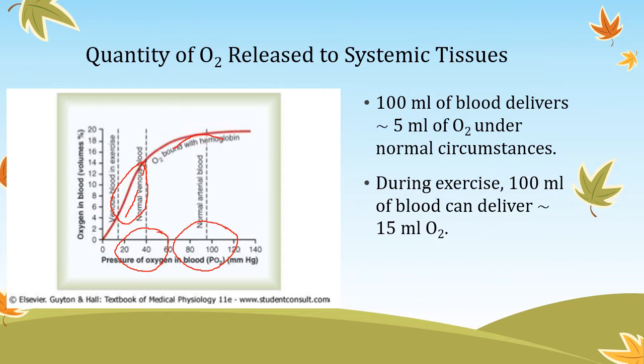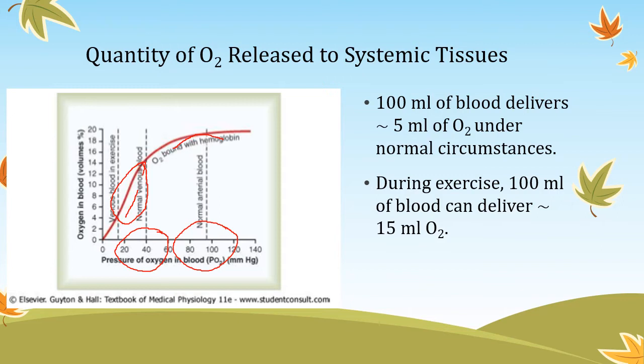So here I've written down 100 ml of blood delivers about 5 ml of oxygen under normal circumstances. And then if, for example, we exercise and we are in need of more oxygen, therefore the partial pressure in our body gets decreased easily, right?